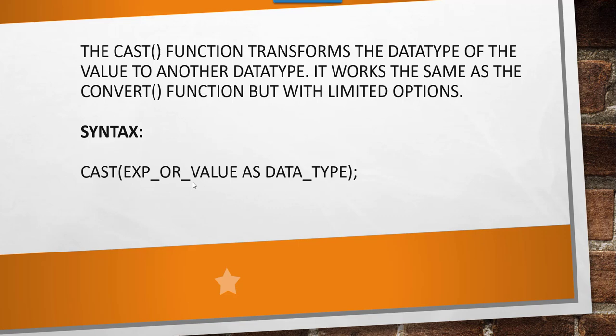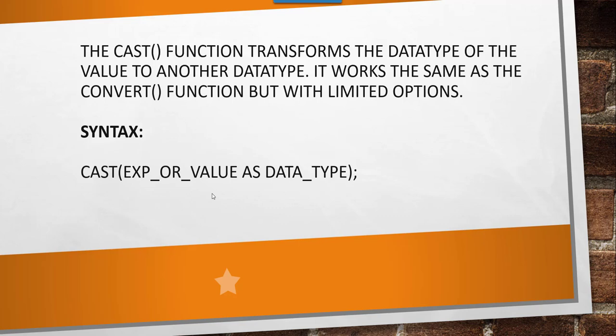AS is just the keyword, which means after the keyword you specify the data type. Finally, the data type is the name of the data type, such as int, date or float, to which the given value is being converted. So this is basically all about the syntax. Once you do some demos, you will get better clarity on this.